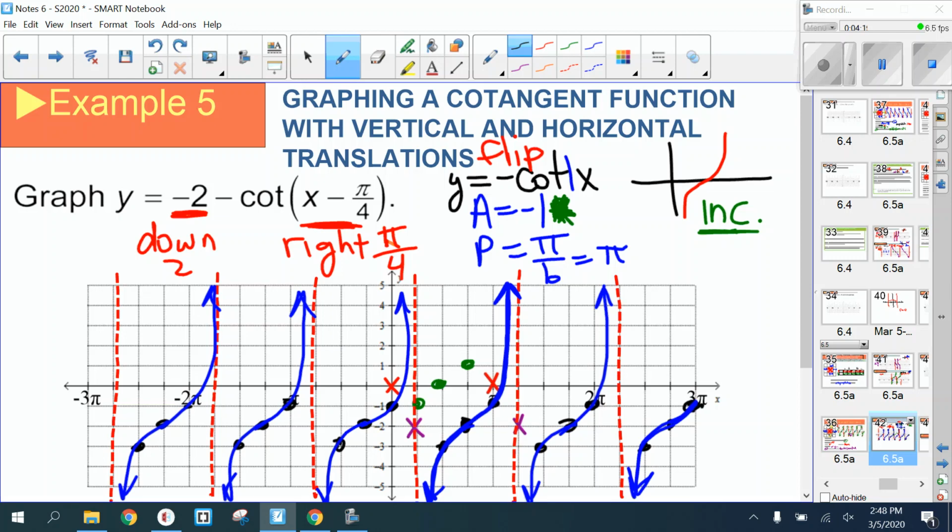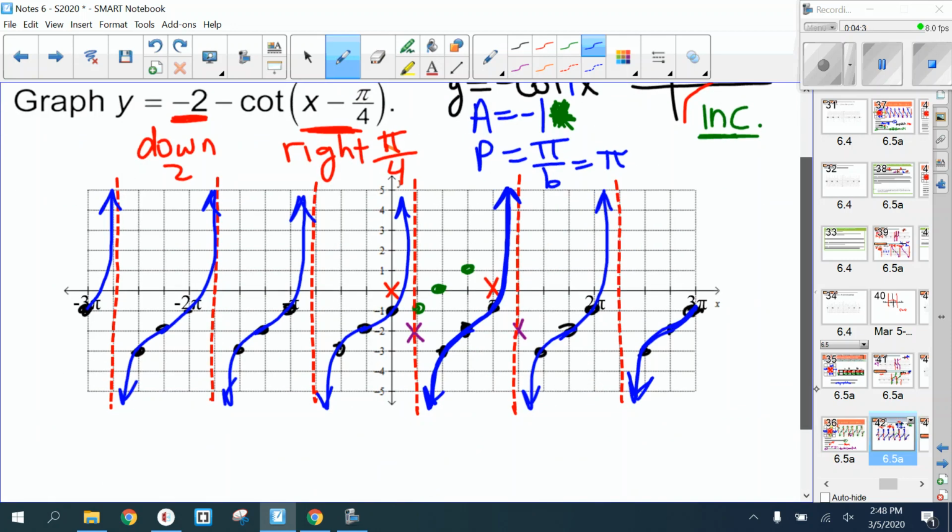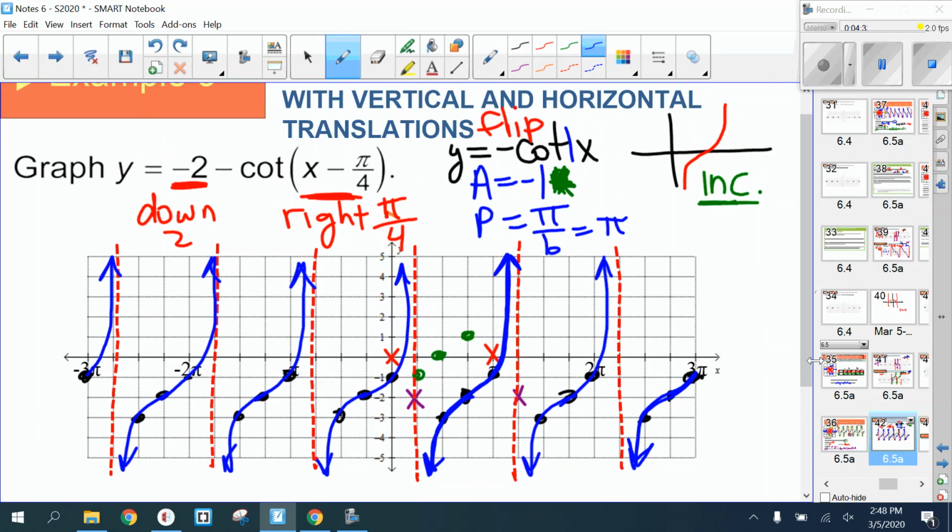Got room enough for another little piece of a curve. Doesn't have to look perfect, but do your best. It should look pretty good. Cool.